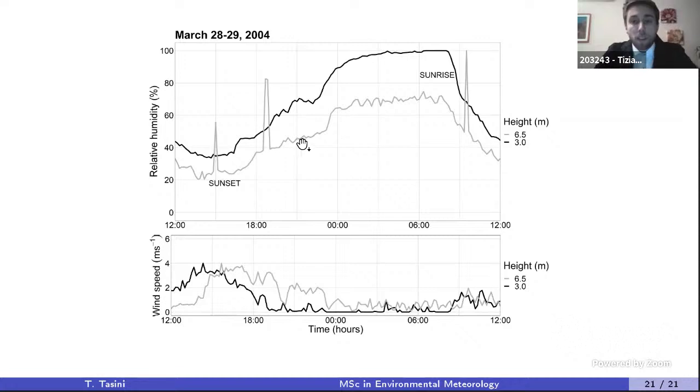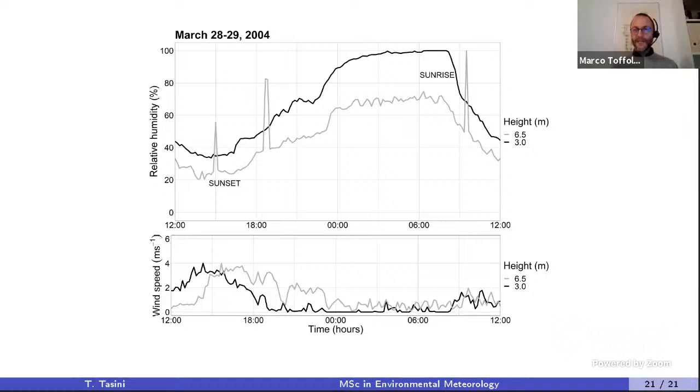Because the relative humidity remains quite constant in the lower layers, and as you can see at 6.5 meters it is not constant, but it grows, by 2, 3, 4, 5% during the same time. So there is quite a big difference between the two levels.